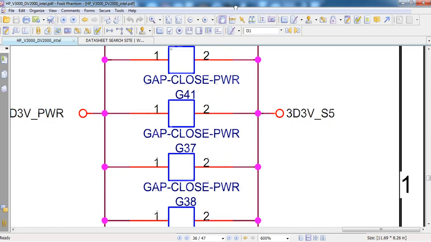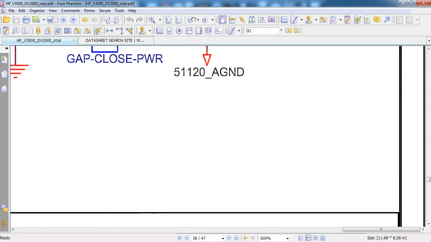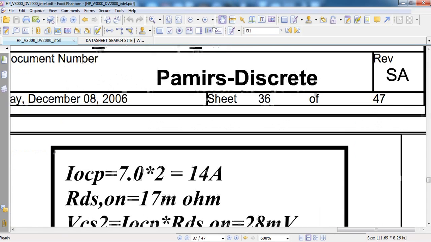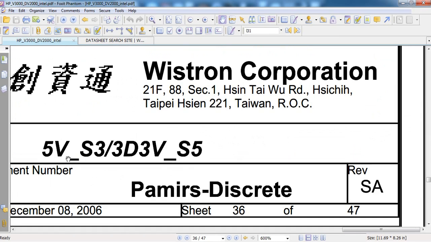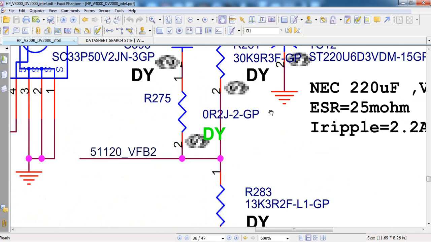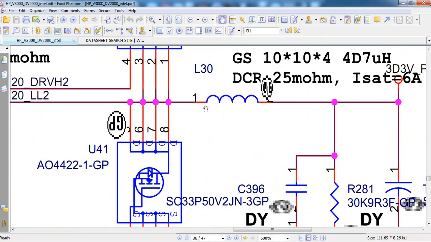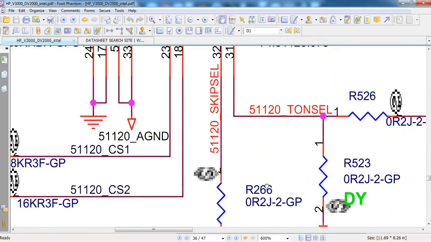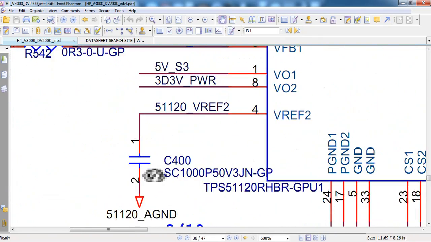I think this is the 5 volts and 3.3 volts regulator IC. This is the 5 volts and 3.3 volts first step down SMPS IC. This is L30, and this is L30.